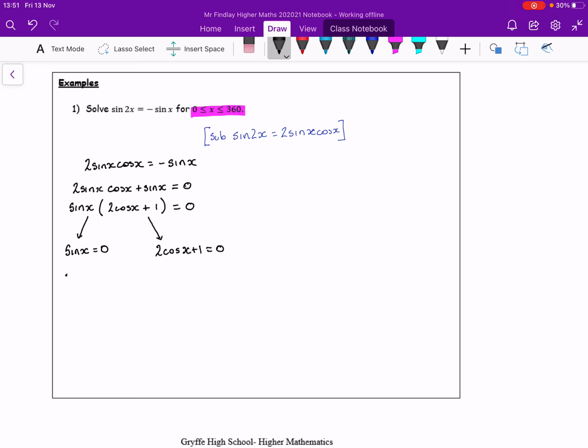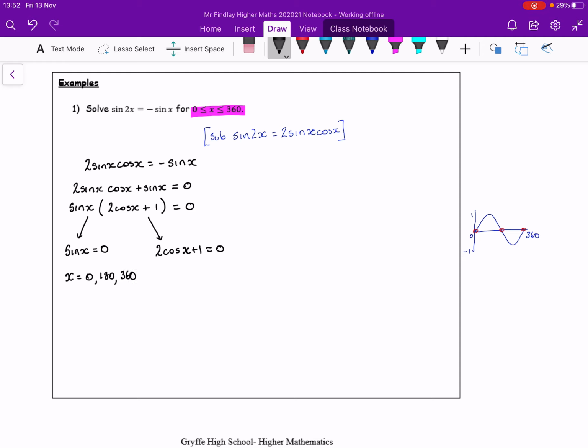From the graph, x can equal, we consider a sine graph, 0 to 360, where sine is 0 at 0, 180, 360. So x can equal 0, 180 and 360.